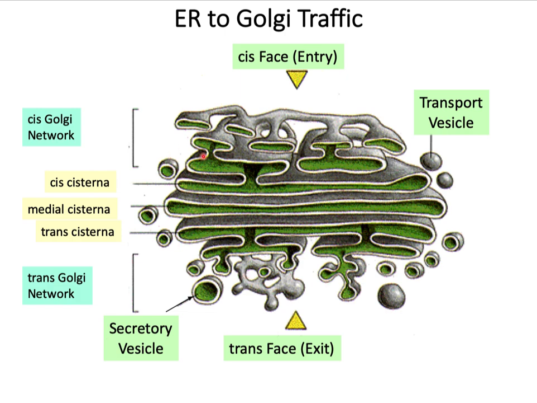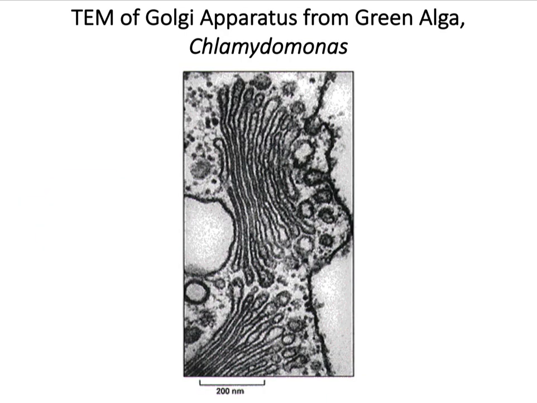When you look at the transmission EM of the Golgi apparatus, you can easily see these swarms of vesicles. These vesicles are fusing to form the Golgi from the ER, or leaving the Golgi to deliver the protein cargo to other parts of the cell. Or you might be seeing vesicle trafficking between the cisternae as well. So here is a transmission EM of the Golgi apparatus from the green alga Chlamydomonas.